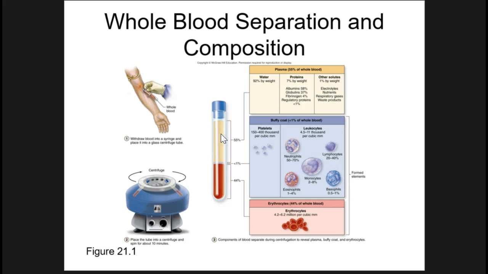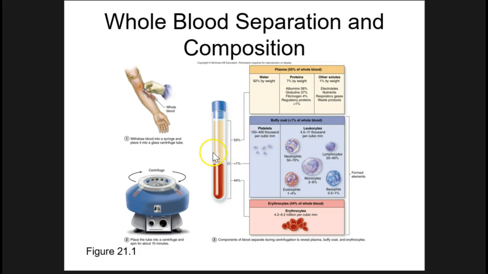And you do need to know the word hematocrit, and you need to know the percentages. So hematocrit means that about 45% of your blood sample should be formed elements. 44% should be red blood cells, and 1% should be a combination of every type of white blood cell and platelets.